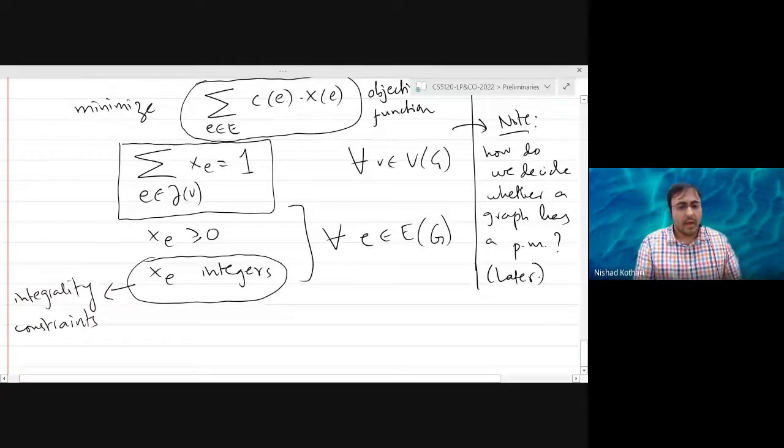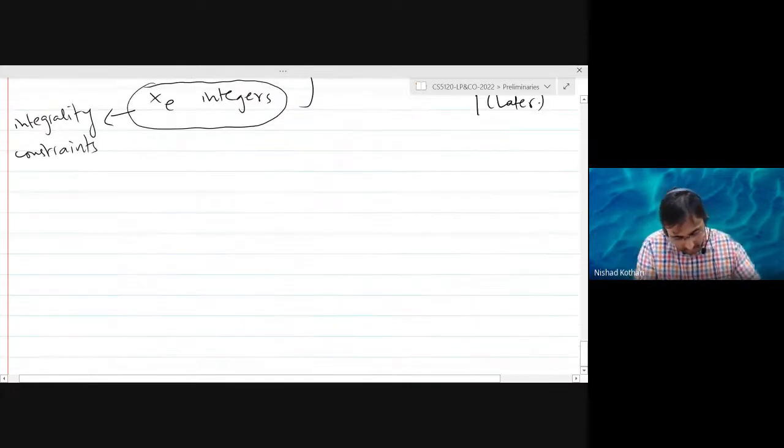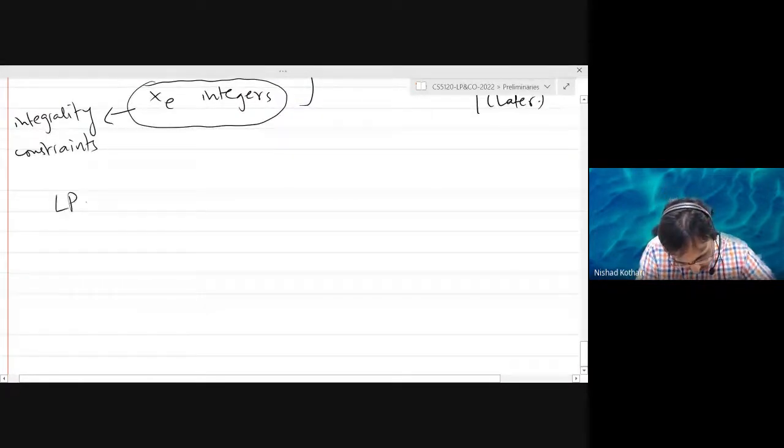When we remove them, we are looking at a more general problem because we are allowing fractional solutions. That is going to be called the LP relaxation of this problem. And then we are going to use linear programming theory that we are planning to explore in this course to solve this problem.